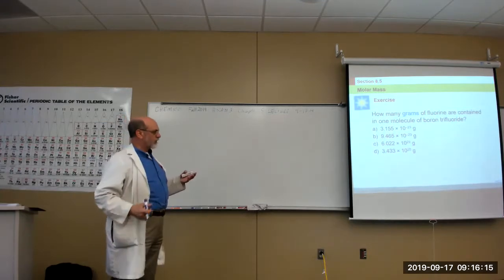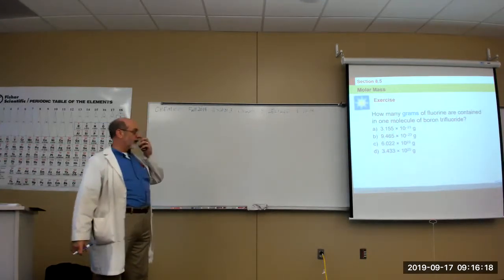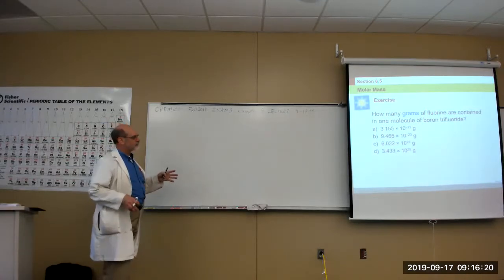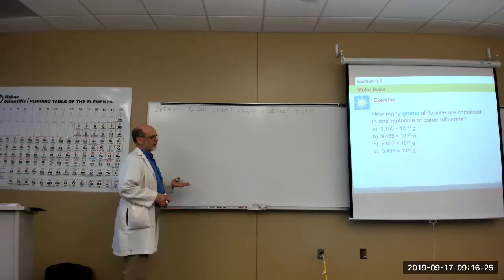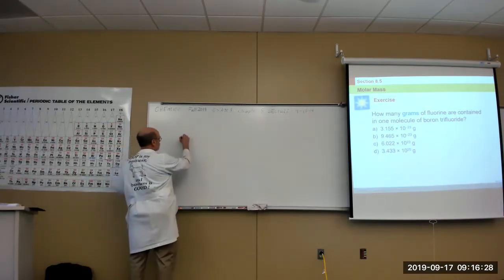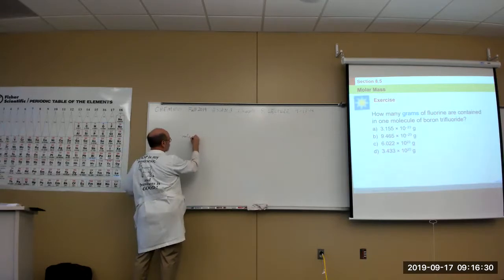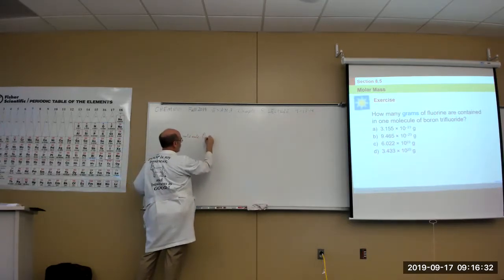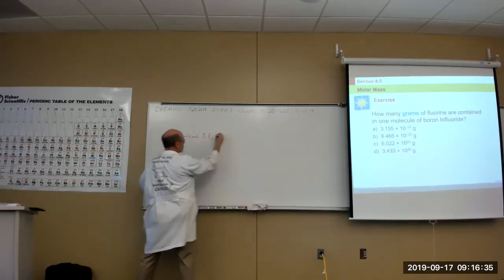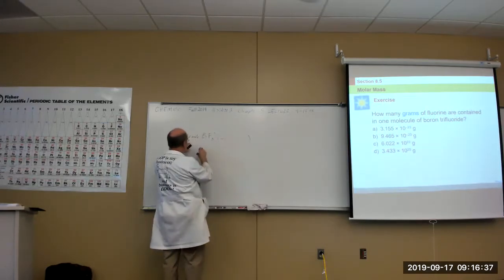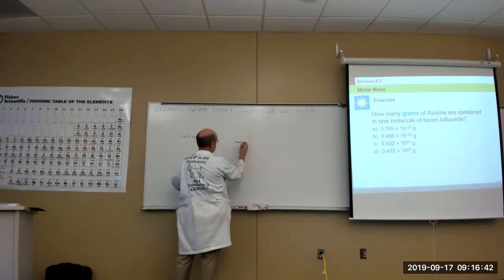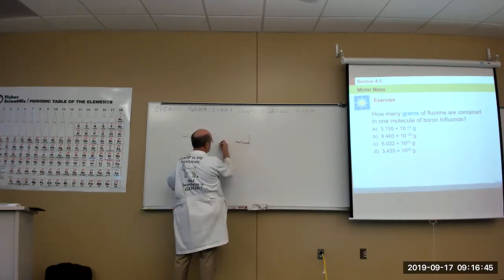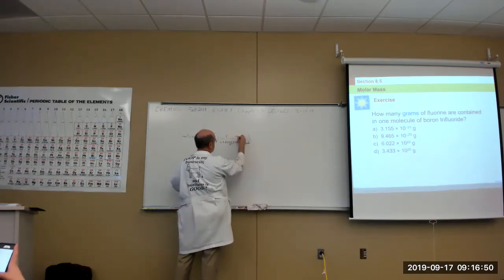How many grams of fluorine are contained in 1 molecule of boron trifluoride? This is just conversion factors. You're going from 1 molecule, not mole, of boron trifluoride. Okay. Then you set up your conversion factors to go from 1 molecule to how many moles. Right? So molecules to moles.